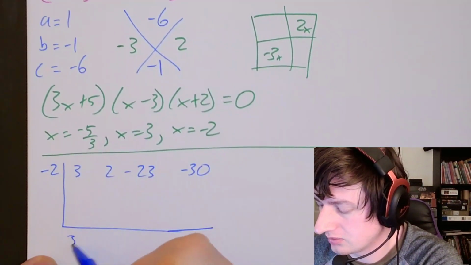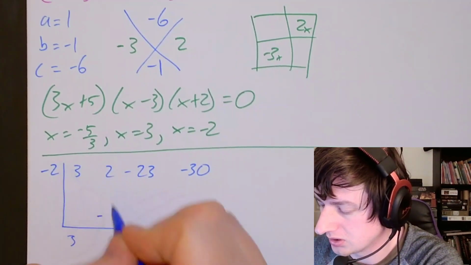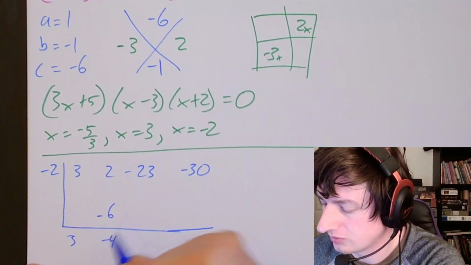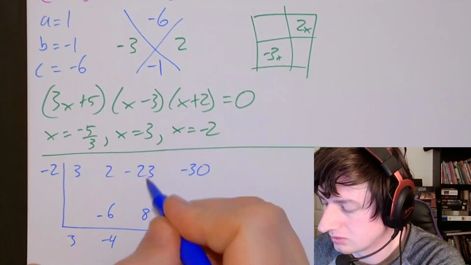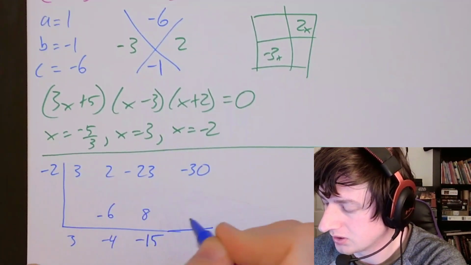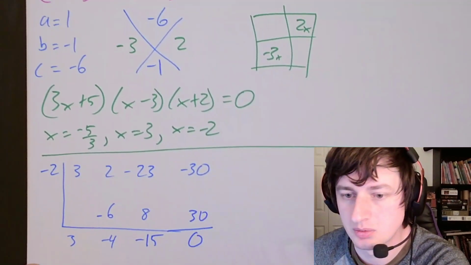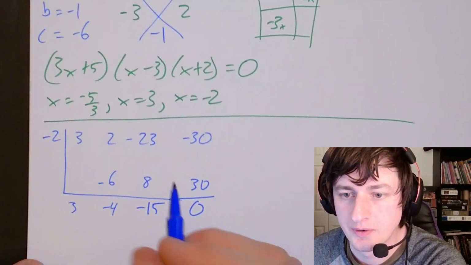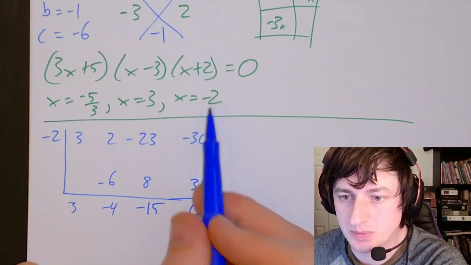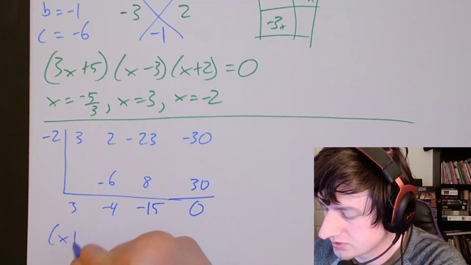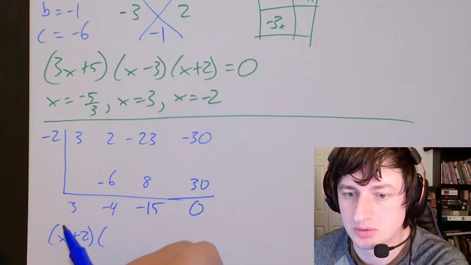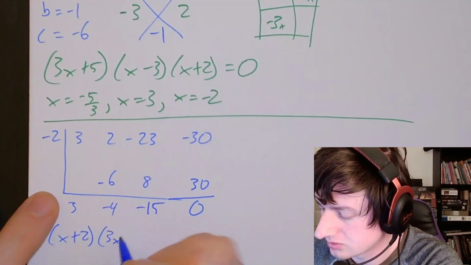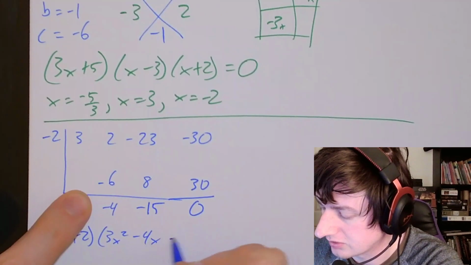So we add down, multiply, we get -6, -4, multiply, we get 8, -15, multiply, we get 30, and we get 0. And so when we do x minus 2, we get x plus 2 times 3x squared minus 4x minus 15.